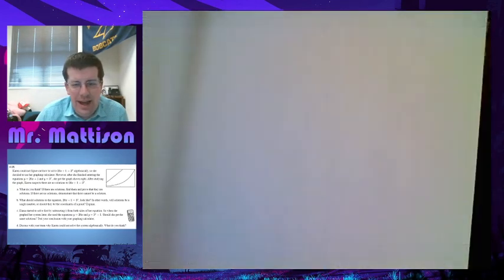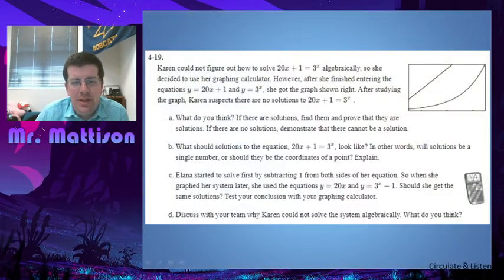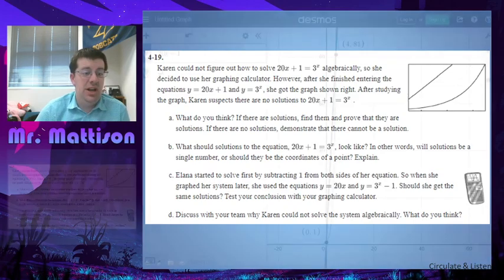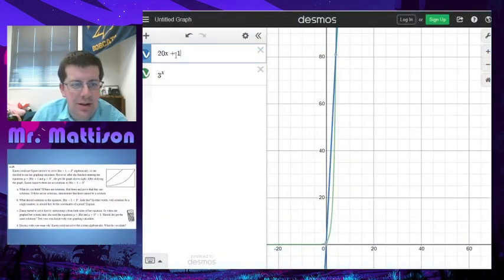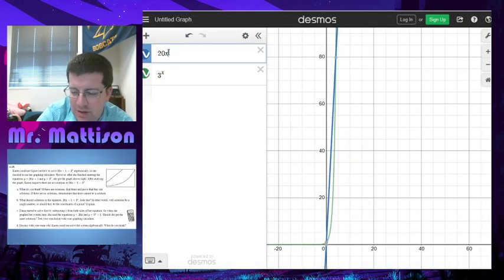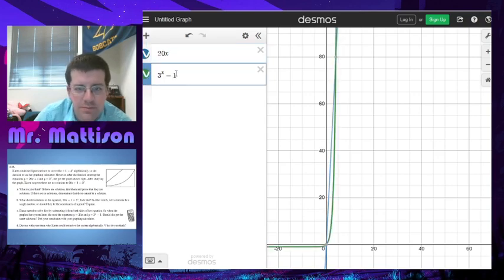Now, one thing it asks us is, what if I change this and say, at the very start, I subtract 1 from both sides and get this and this. Will that change my answers? Well, let's give it a shot, right? So if I do that, I subtract 1 from both of these. So that's now plus 0, and this is now minus 1. Right?